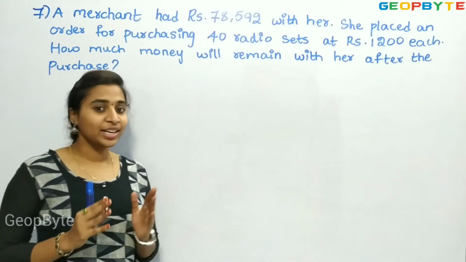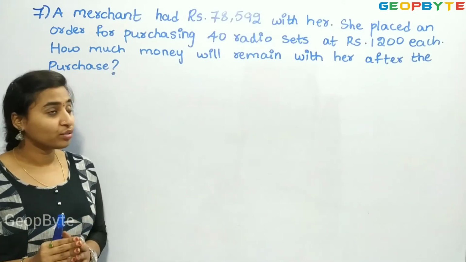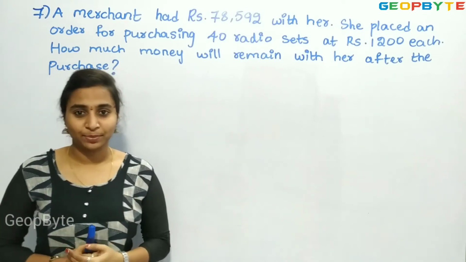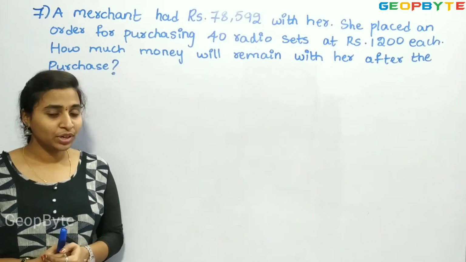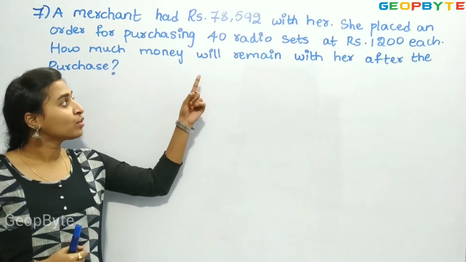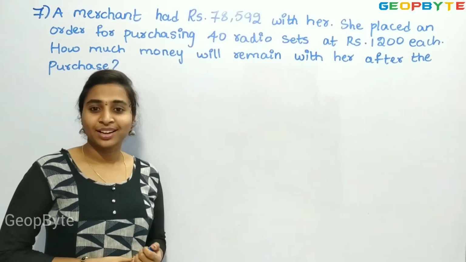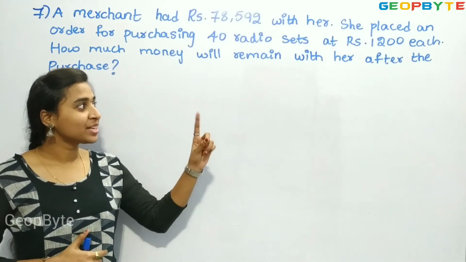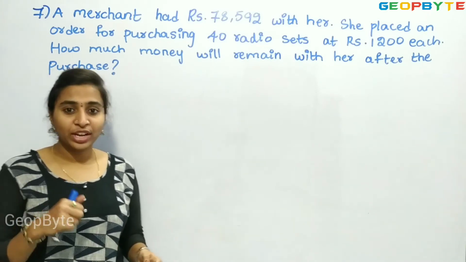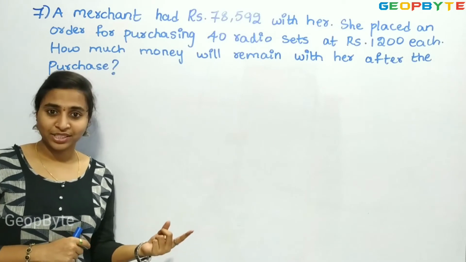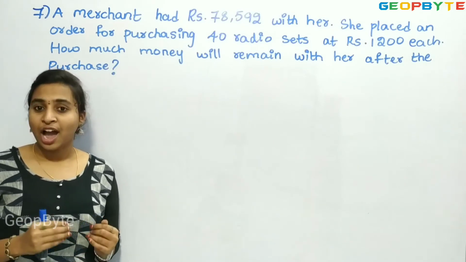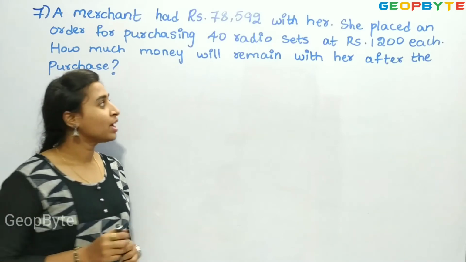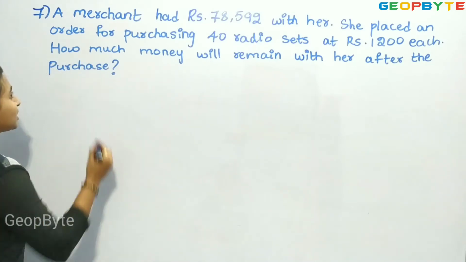So, a merchant had a total amount of rupees 78,592 with her. So, she has put an order to buy 40 radio sets, right? So, each radio costs rupees 1200. Now, we need to find out after purchasing the 40 radio sets, how much money is left over with the merchant. So, let us write the given data first.